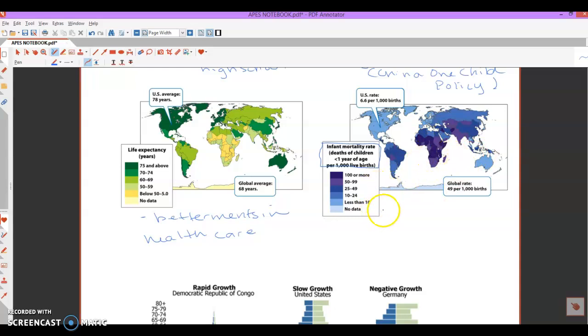This is also impacted by access to health care and good nutrition for the mother. So where those things are readily available, the infant mortality rate is much lower. Where they're not available in developing countries, like India, the infant mortality rates are much higher.